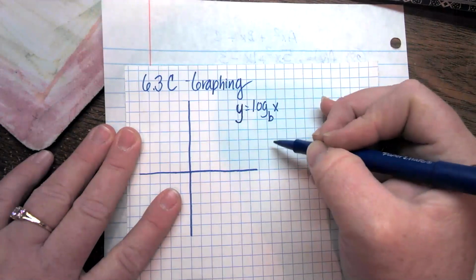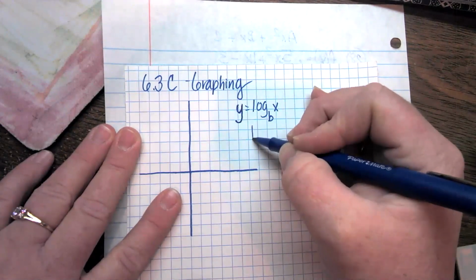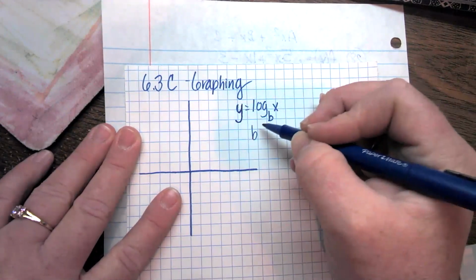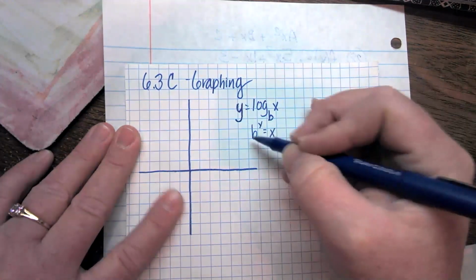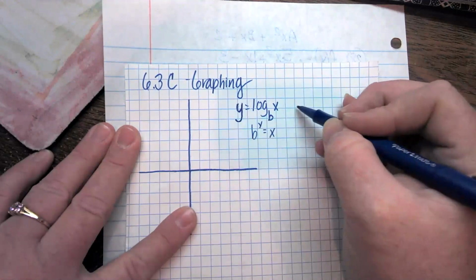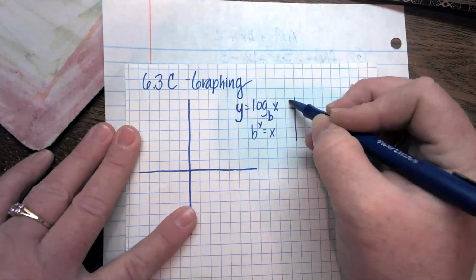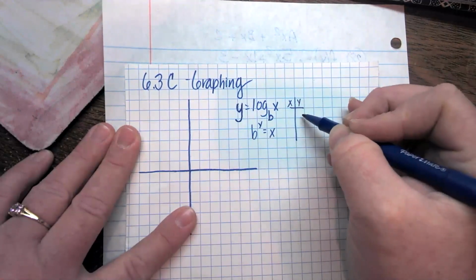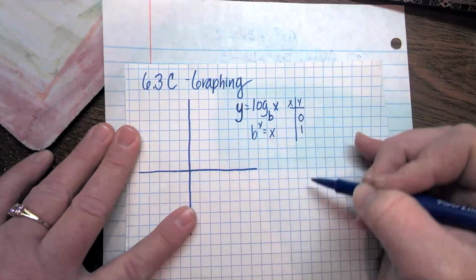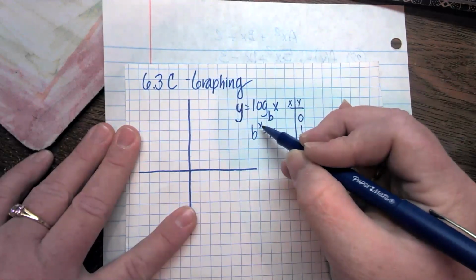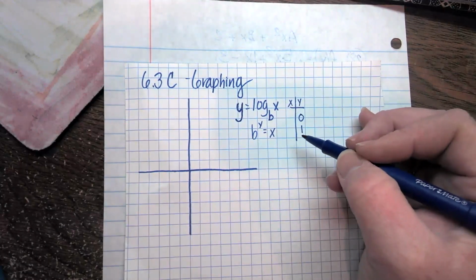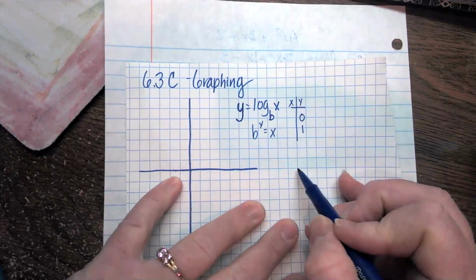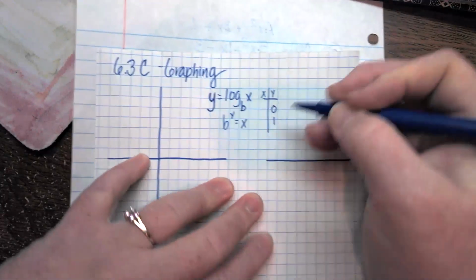So what is my base? Well, my base is b to the y power equals x. This is why when we plug in our values for x and y, we're going to plug our favorite 0, 1 in for the y values, not for the x values. Why? Because remember when we always found the inverse, we flip-flopped, okay? So let me show you what I mean by this.